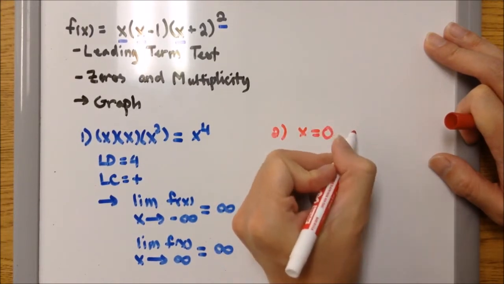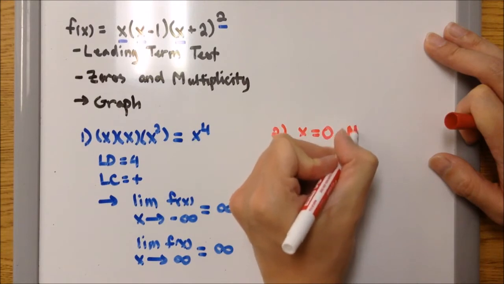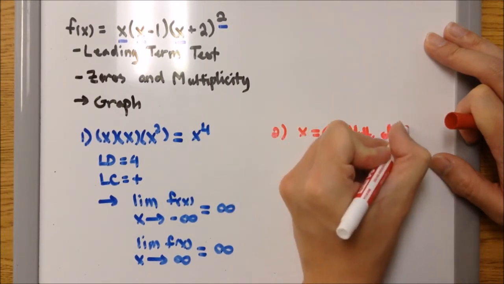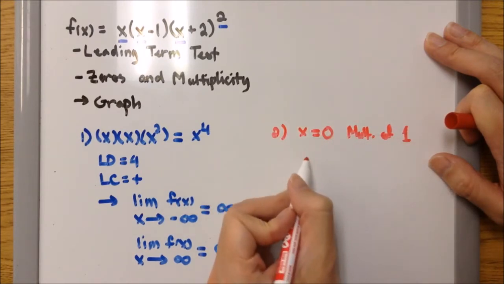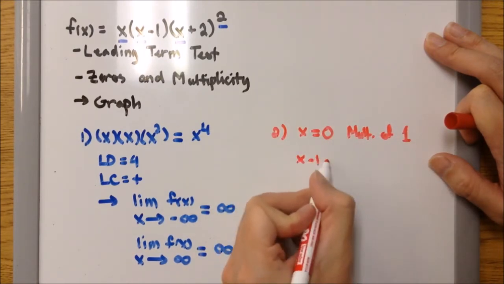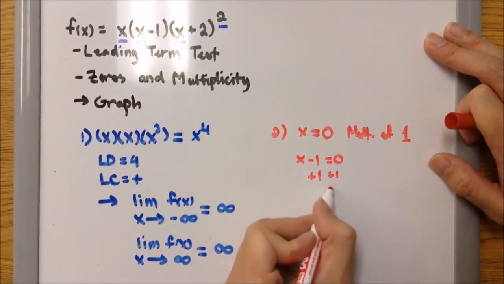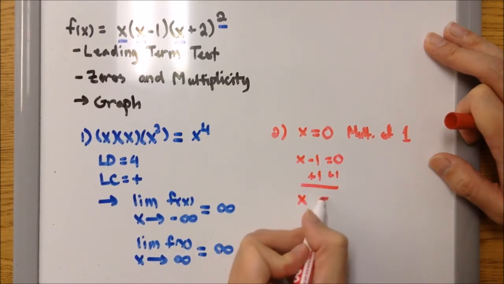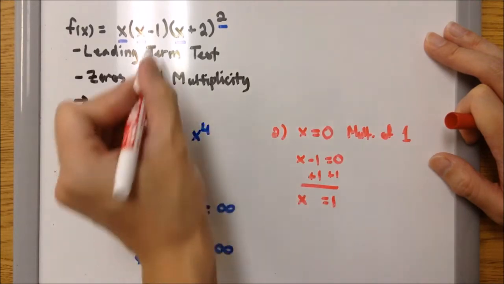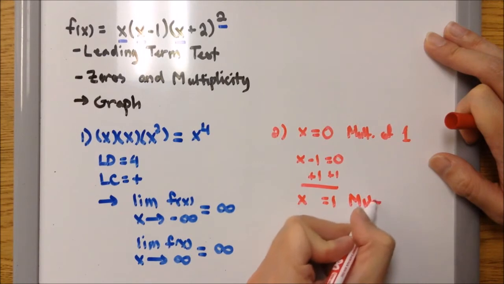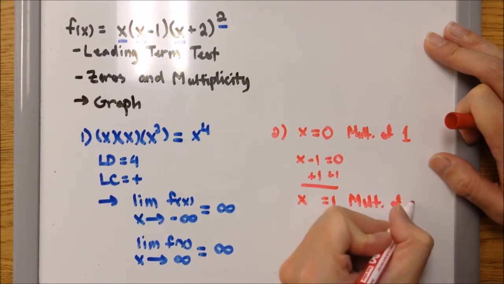So this one, multiplicity of 1. Now let me do x minus 1 equal to 0. Solve for it. So x equals 1. And it's only one time, so multiplicity of also 1.